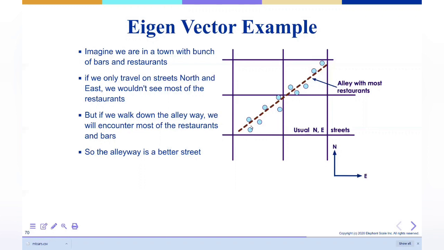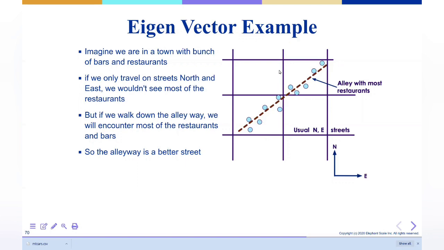You're missing out on the ones in the alleyway. Imagine you're doing some window shopping. If you just walk north to south, east to west, your exposure to the number of shops or restaurants is less. To maximize your exposure, you want to walk down the alleyway, in this diagonal, because then you can get to visit all the shops.